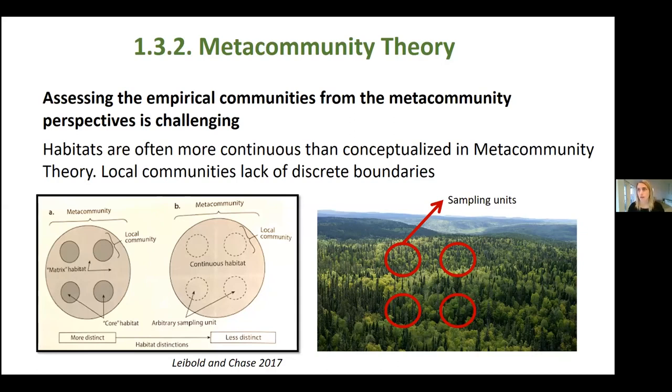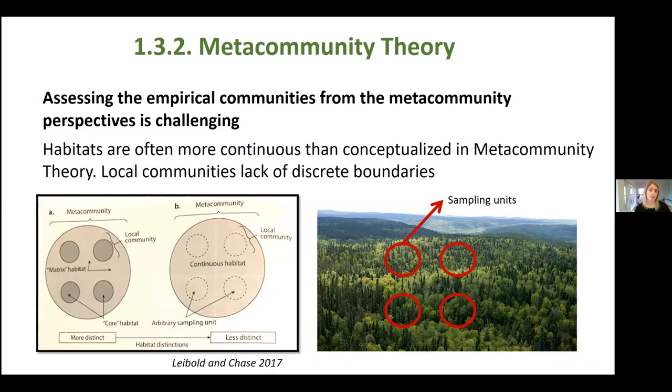And there are different reasons for this, but perhaps the most important reason is that the local communities are often more continuous than they are assumed to be in meta-community theory.